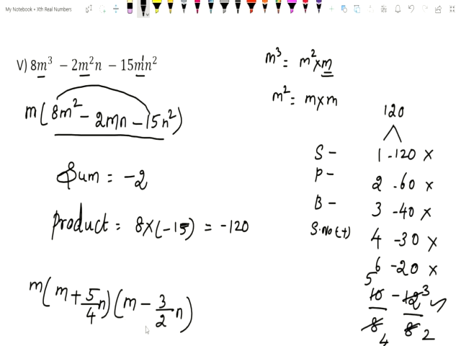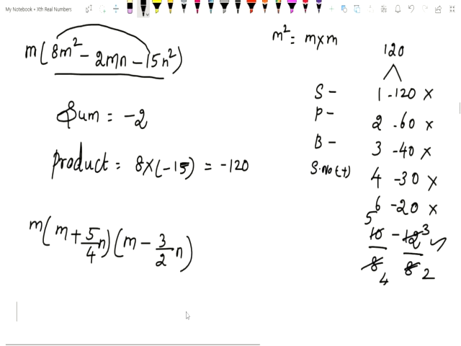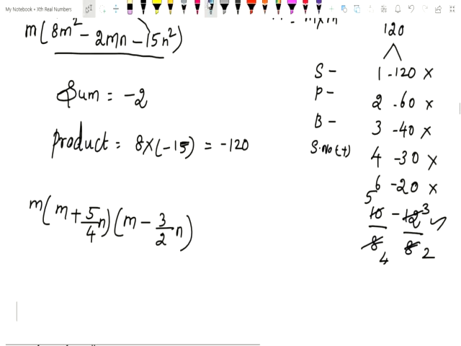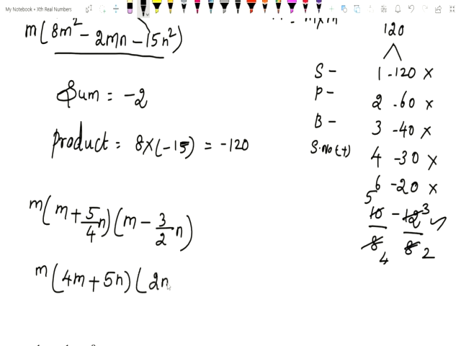When we multiply these factors, we will get the given question. Here n square, n into n only will get n square. So, m into, cross multiply, 4m plus 5n into 2m minus 3n.